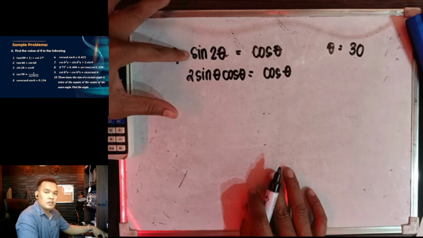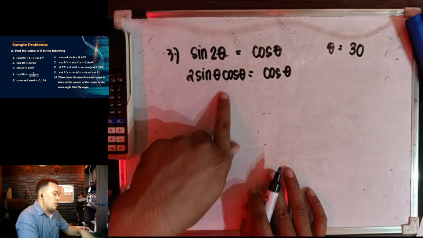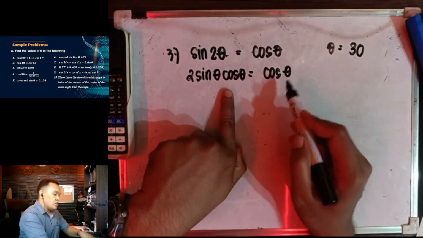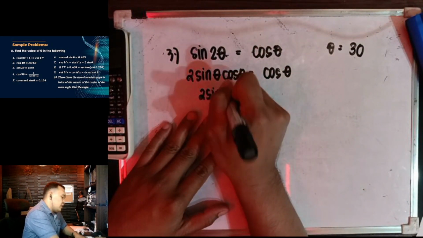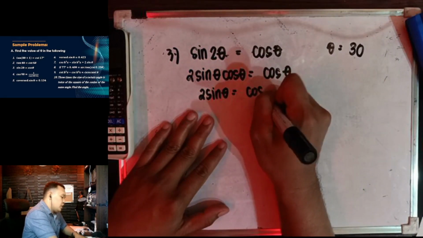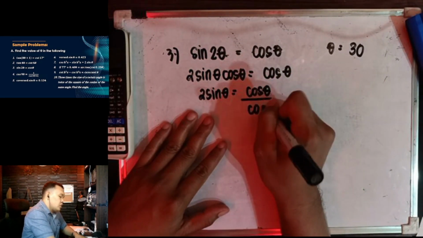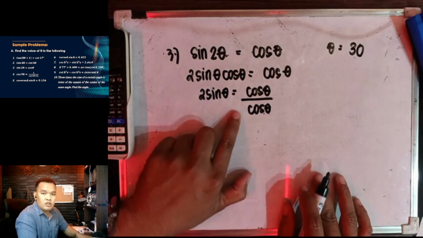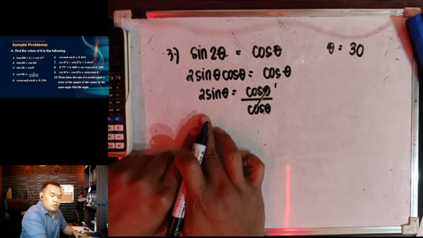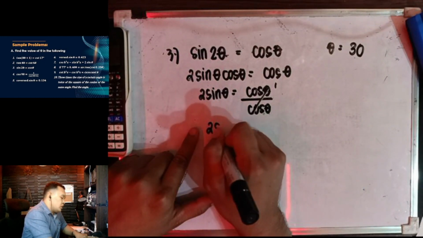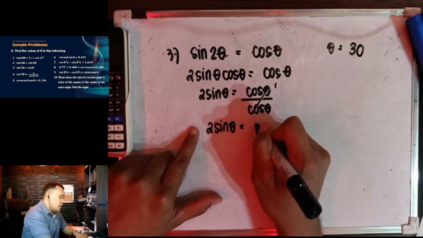Magkapareho lang po 'yan. So ngayon, we could tanggalin natin yung cosine dito at cosine dun sa kabila. So 2 sine theta is equivalent kay cosine theta all over cosine theta. And cosine theta all over cosine theta is equivalent kay 1. So, we have here 2 sine theta is equivalent kay 1.